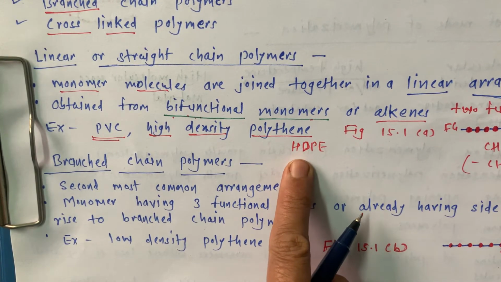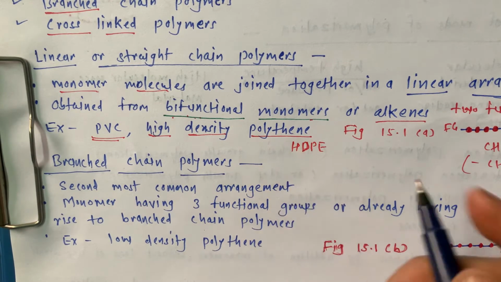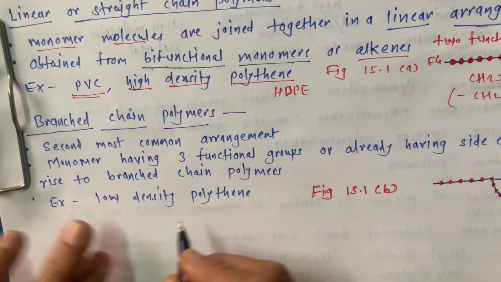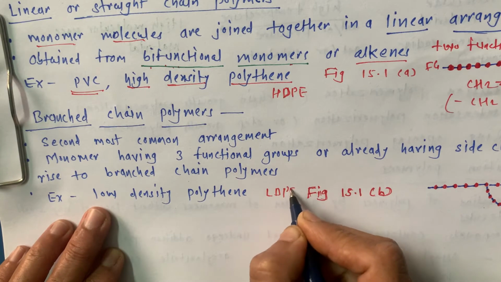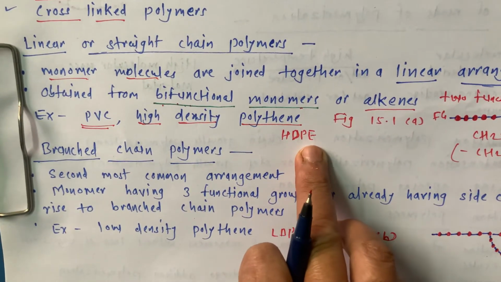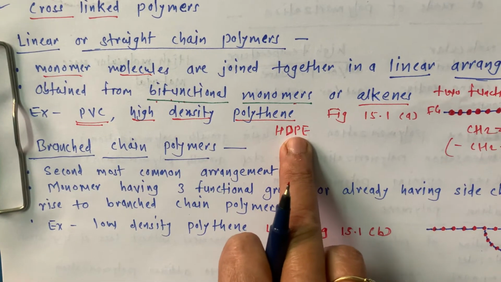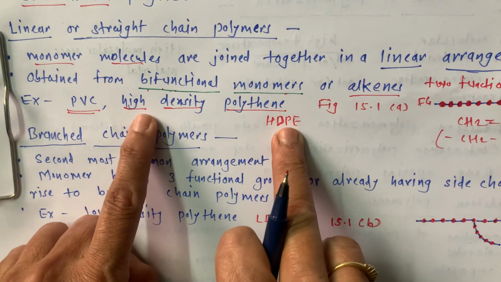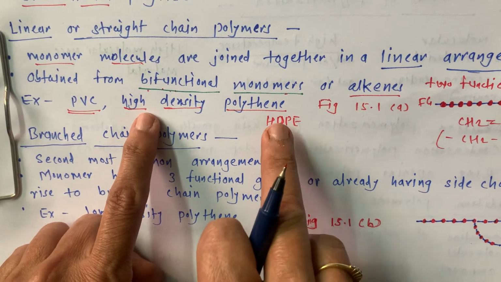We often see HDPE and LDPE in advertisements and newspapers: low density polythene is LDPE and high density polythene is HDPE. Now, HDPE is straight chain, and that's why its melting point is high.